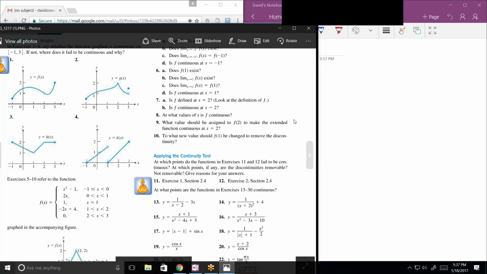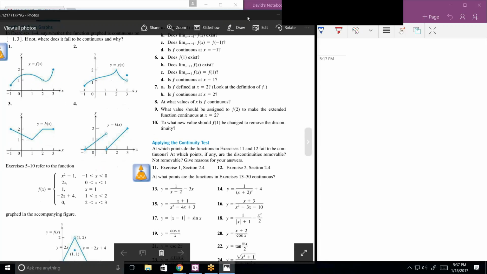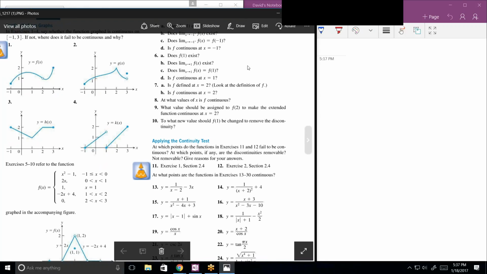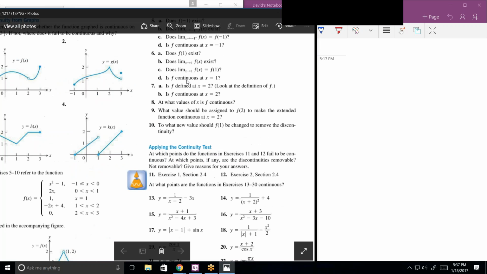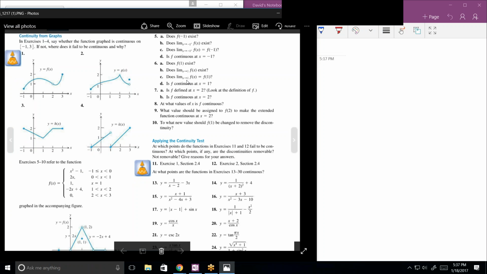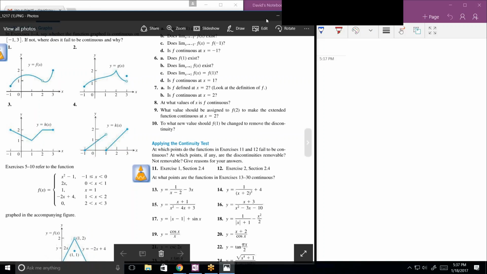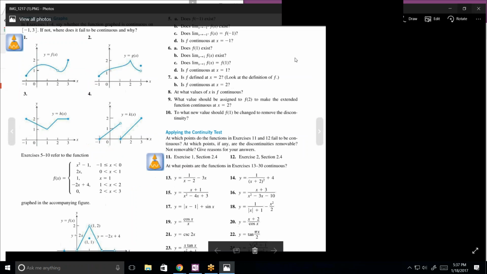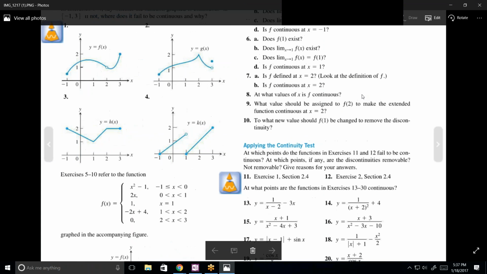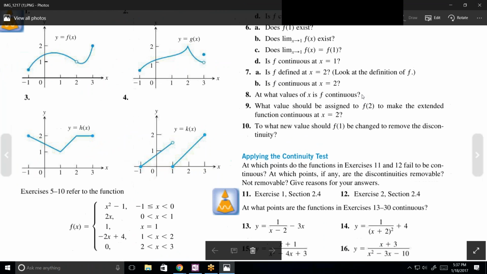So B says, this is weird. Oh, I see. B says, sometimes I hate Windows. I really do. I really hate Windows. I can't even read B.